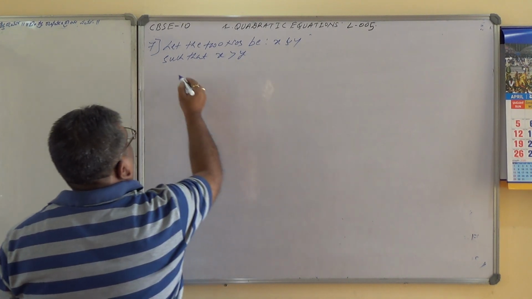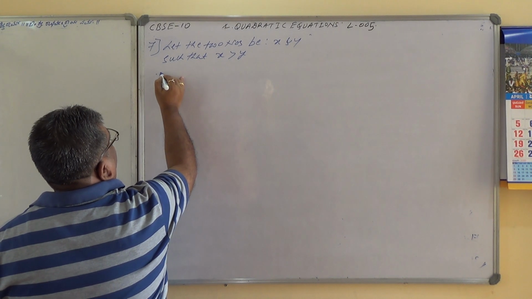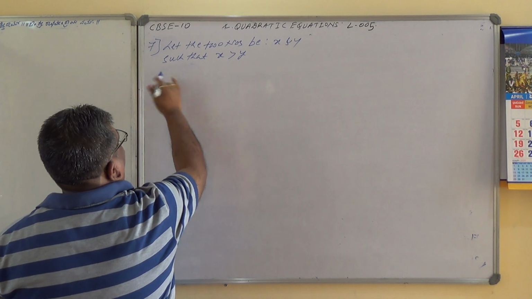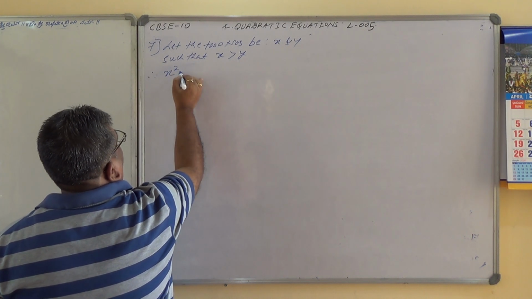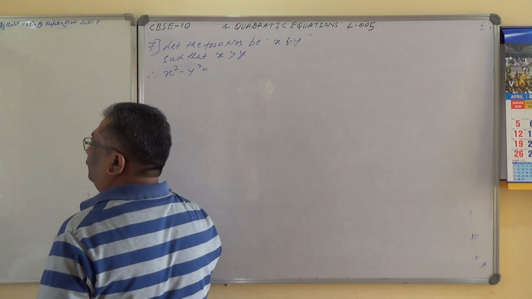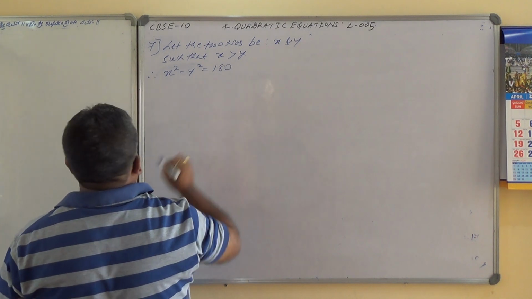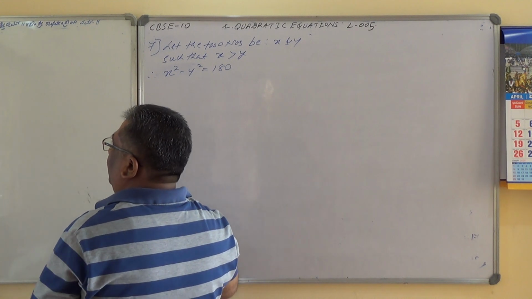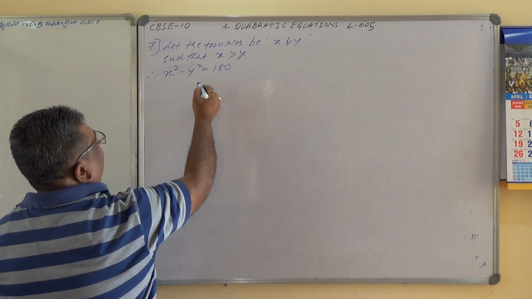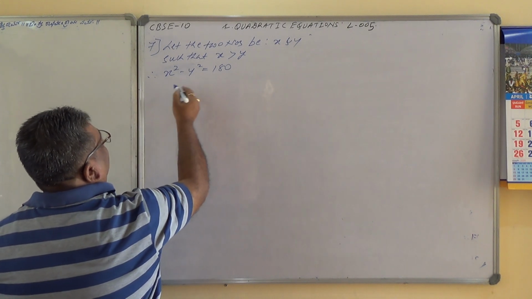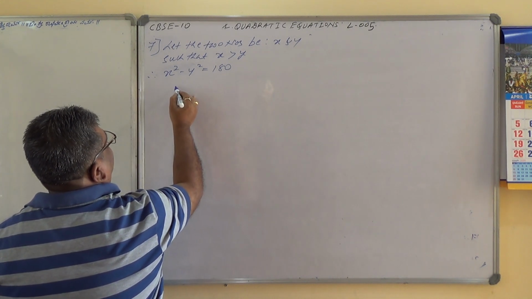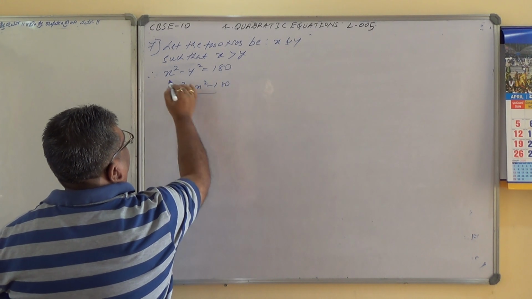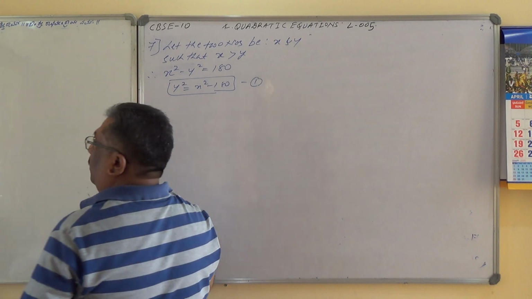So the difference is therefore x square minus y square. Difference of squares, therefore x square minus y square equals 180. So here, y square equals x square minus 180. Mark this one.